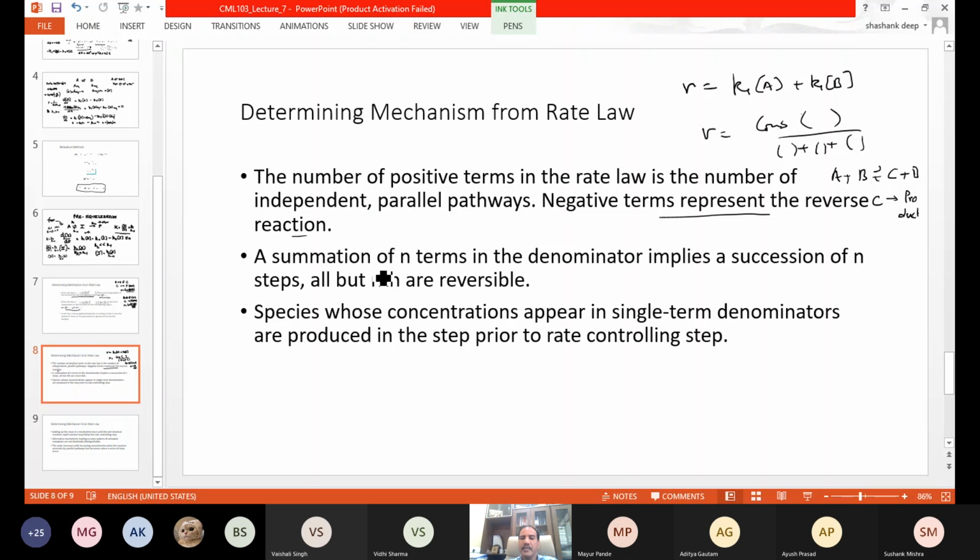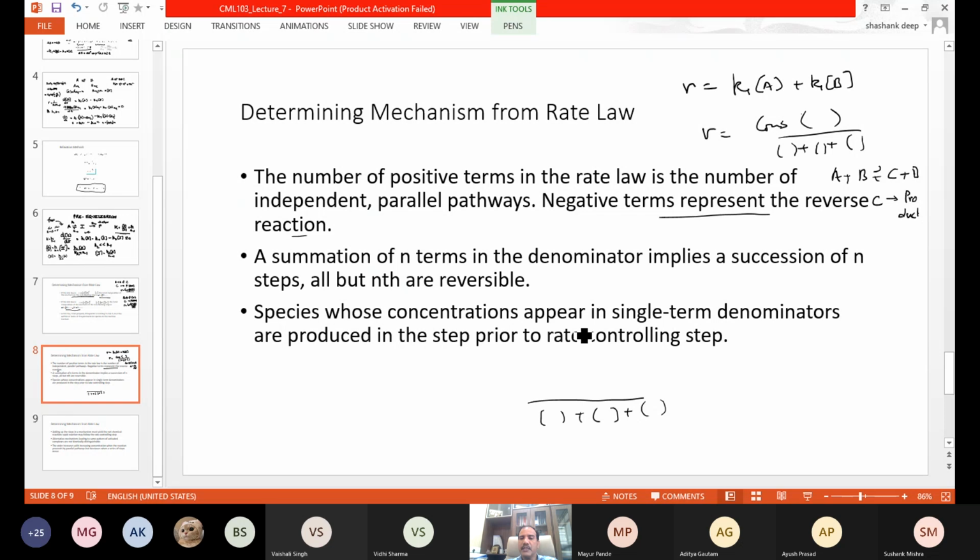The summation of n terms in the denominator implies a succession of n steps, all but the nth are reversible. I showed you that there were 3 terms in the denominator: one is the product, the second is R2, and this is R3. So it means there should be at least 3 steps, in which the first one is reversible.